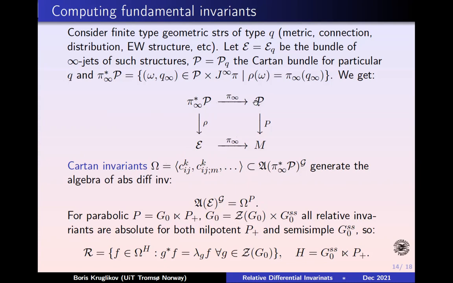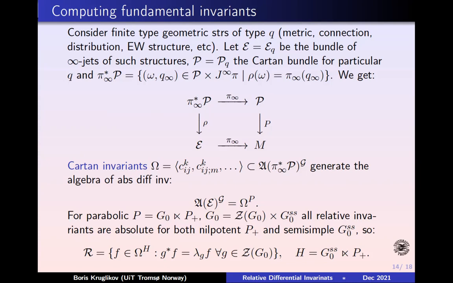They are defined in the Cartan bundle, and they are not P-invariant. So we take only those which are P-invariant, so they can be pushed down. Now, when we talk about a parabolic group, the structure group P becomes parabolic. So it's a semi-direct product of G0 and P plus, and P plus is nilpotent. All one-dimensional representations of P plus are trivial.